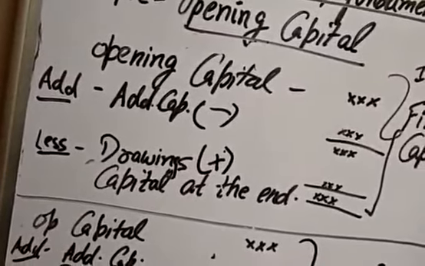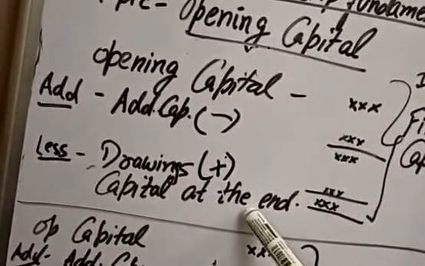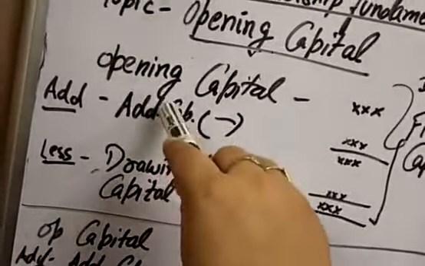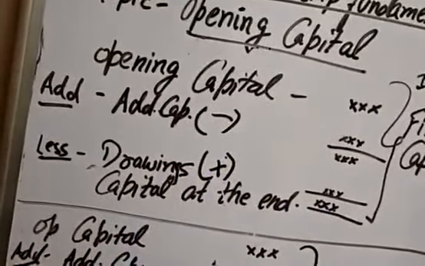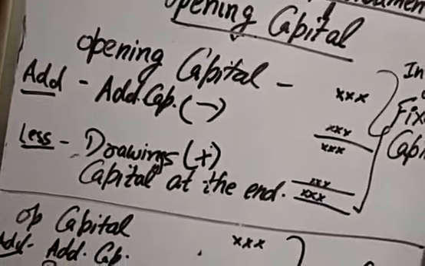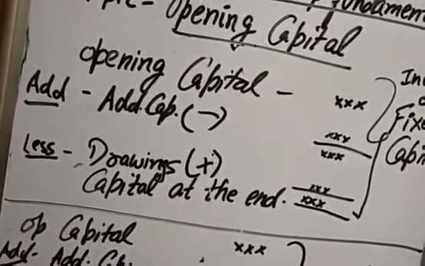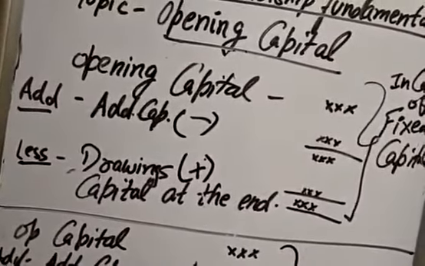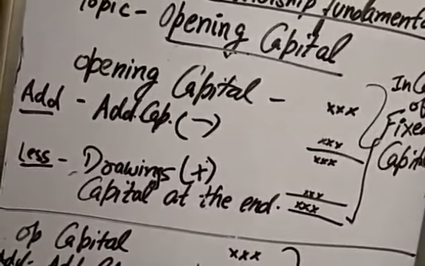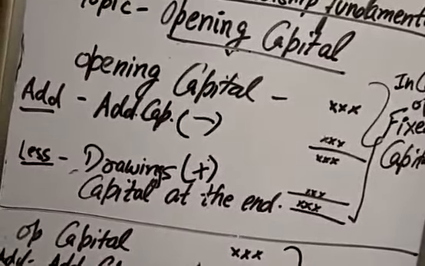Why had we done this? We had done this because capital at the end includes additional capital and it has already deducted drawings. Because they have calculated capital at the end, we don't know opening capital, but they must be knowing. That is why they have calculated capital at the end. So we have reversed all the things they had done.